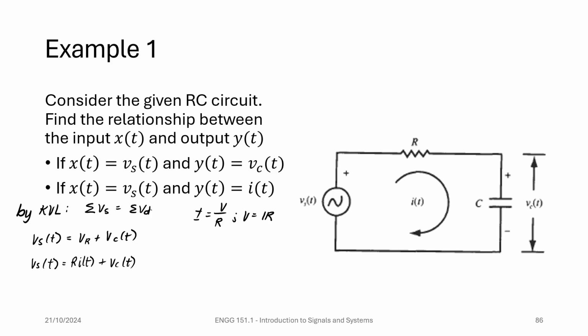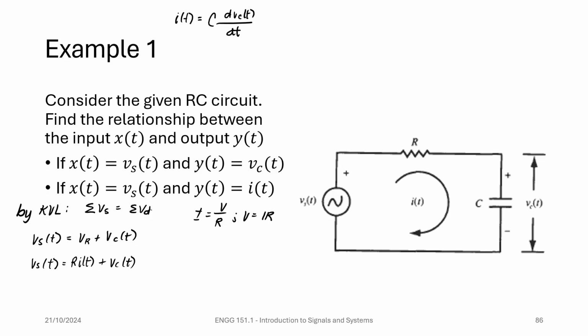Now, what is the relationship of our VC of t and our i of t? Our i of t, in terms of the voltage of the capacitor, is equivalent to the capacitance multiplied to the derivative of the voltage of the capacitor with respect to time. So we're going to substitute i of t with this.